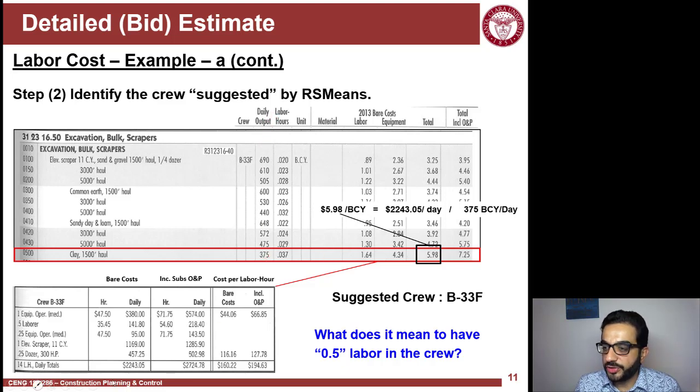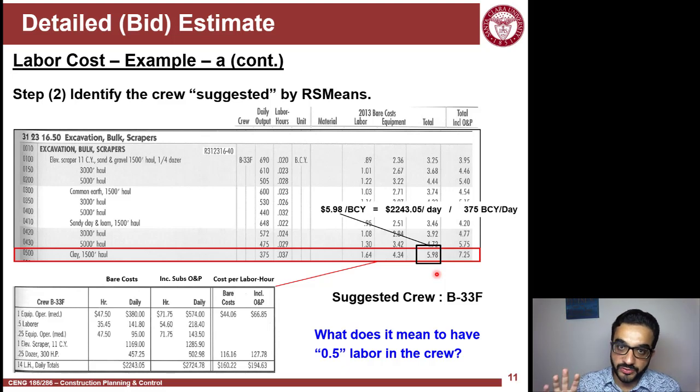So if you divide 2,243.05 by the daily output, which is 375, you'll end up with 5.98. I will leave it to you to figure out how they come up with these two other numbers, the labor cost, 1.64, and 4.34 for the equipment. But I gave you a hint of how it's calculated for the total.